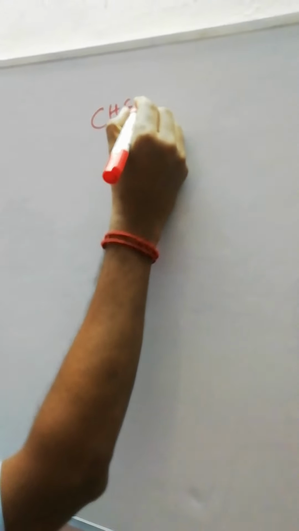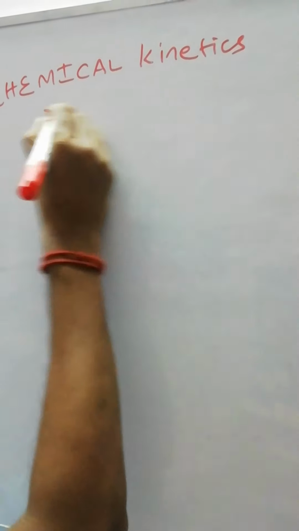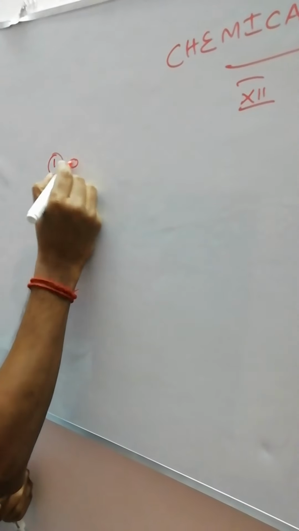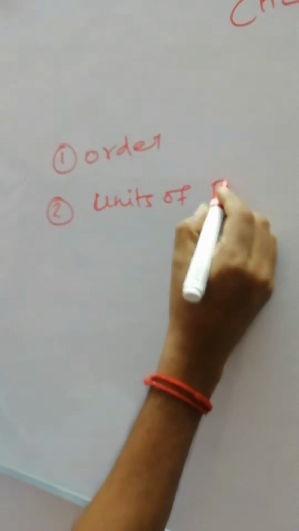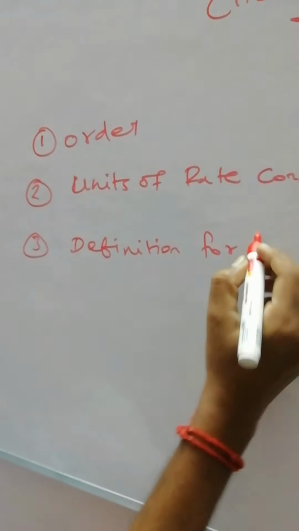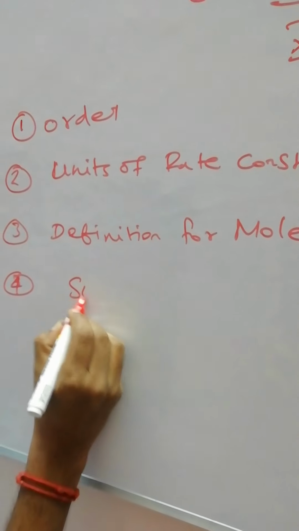Today we are going to start chemical kinetics class 3. Okay, dear children, today we are going to focus on order of the reaction, units of rate constant, definition for molecularity, some numerical problems.